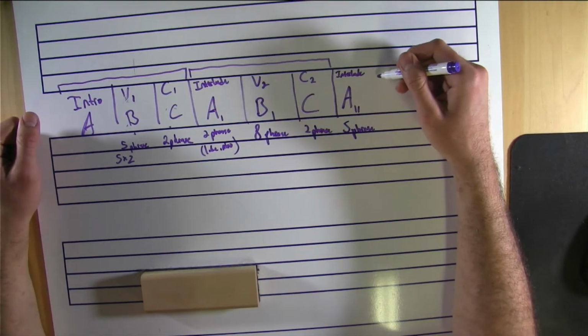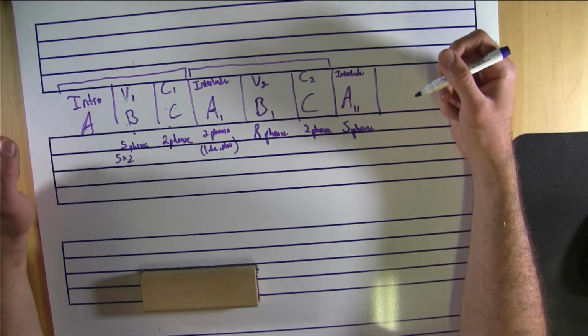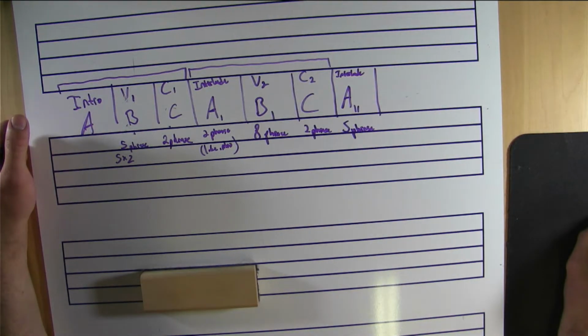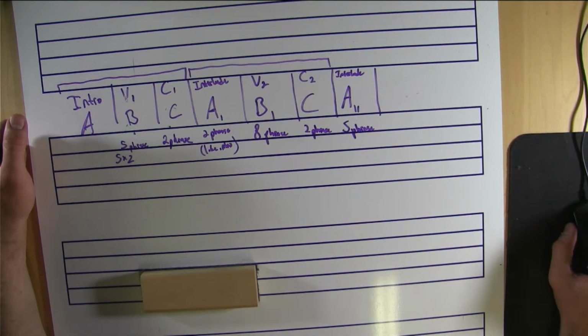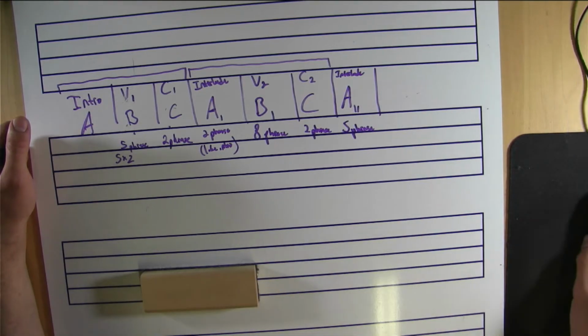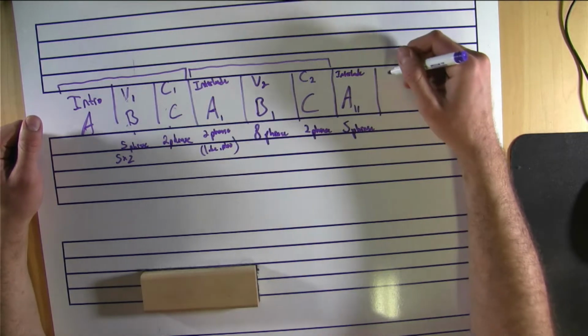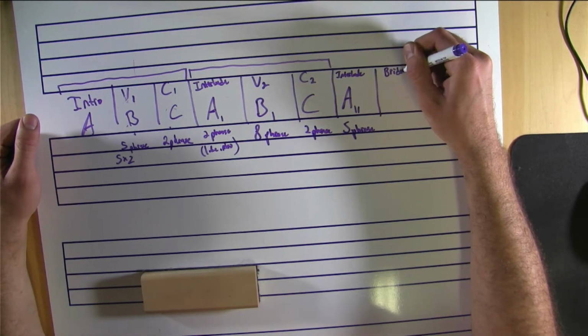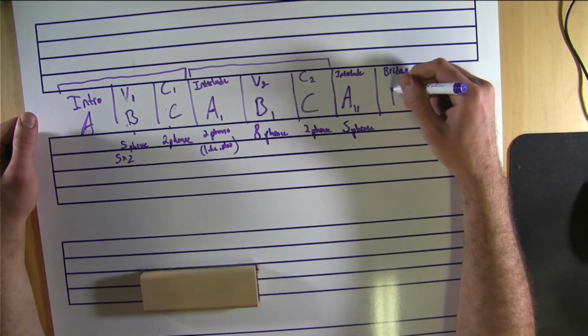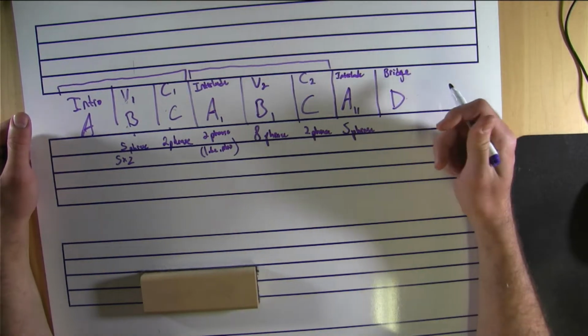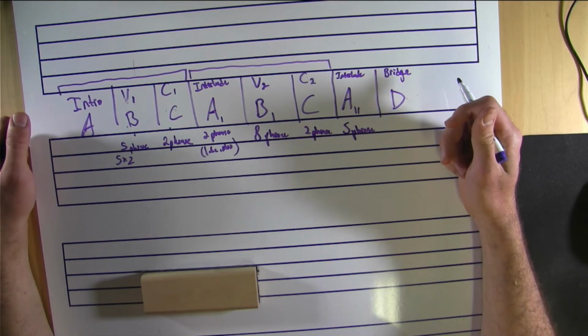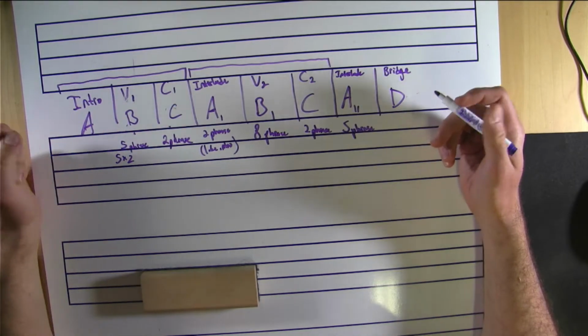Okay, great. After this interlude, we have what's called the bridge. And the bridge is that come on, baby, that thing. Sorry, I'm just shifting my notes here. So the bridge, and we'll label this D. It has the vocal line in thirds, right?